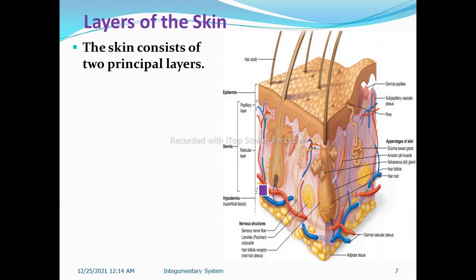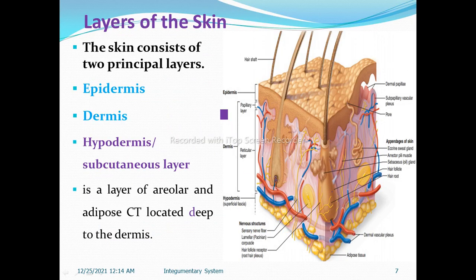Now we will see the layers of the skin. As mentioned earlier, some books consider the skin as three layers: epidermis, dermis and hypodermis. In this case we will consider two principal layers, epidermis and dermis. Hypodermis is considered a separate layer which contains fat or adipose tissue and connective tissue, or in gross anatomy, superficial fascia.